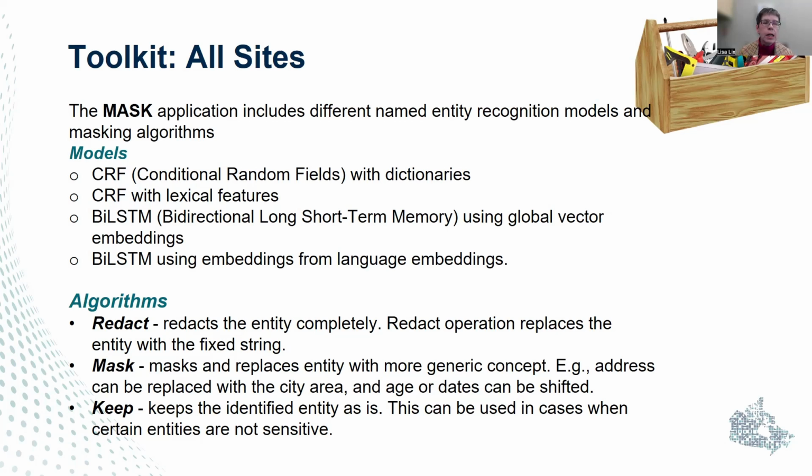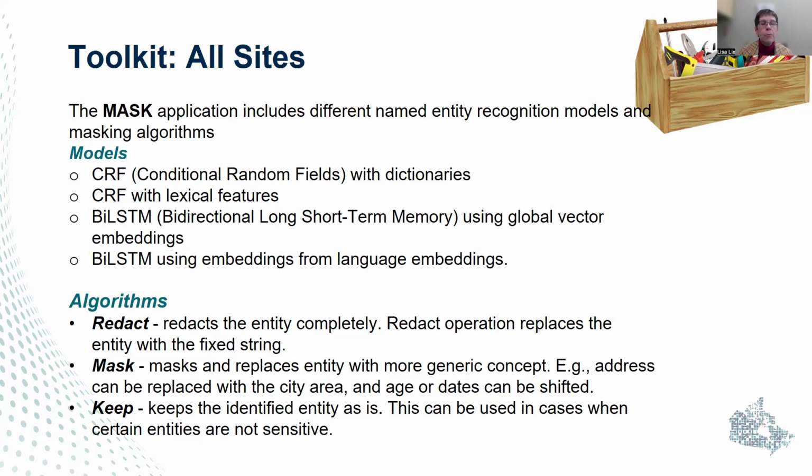And there are different kinds of AI tools, with the conditional random fields as well as the bidirectional long short-term memory models, that enable the ability to try to be highly accurate in terms of identification and then dealing with personal identifiable information.